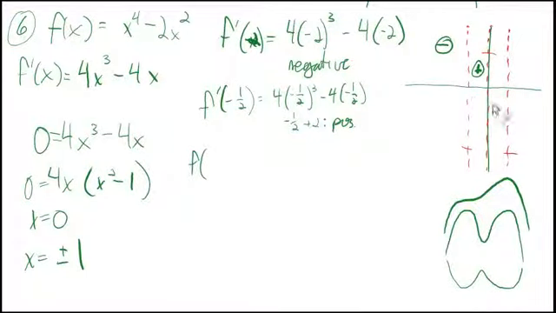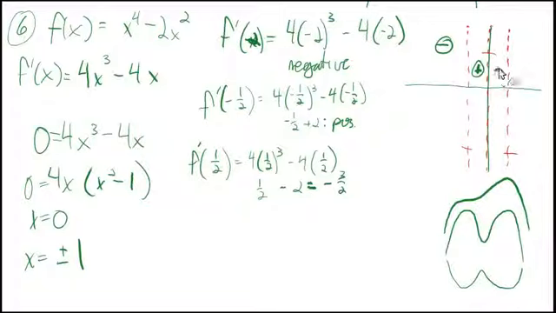Now somewhere between 0 and 1, that's going to be 1/2. F prime of 1/2 is 4 times 1/2 to the third minus 4 times 1/2. Okay, this is going to be positive 1/8, positive 1/2, same as this one, it's just positive this time. Minus 2 is equal to negative 3/2, and that's negative.